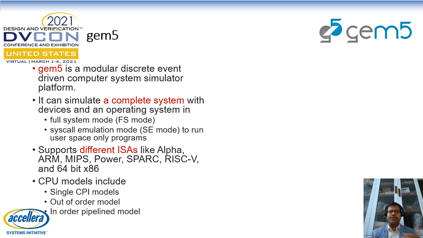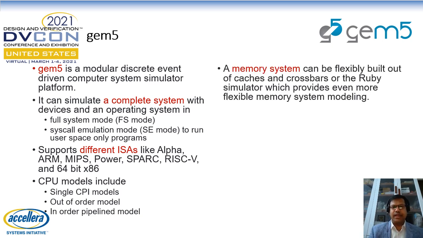So it supports the different types of modeling as well. And the processor itself is of certain utility, combined with the memory system is where it gets a lot of its power from. And the memory system can also be very flexibly built out of the built-in memory system like Ruby, which it provides, and which is very configurable.